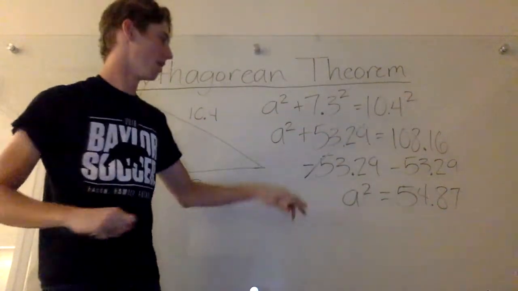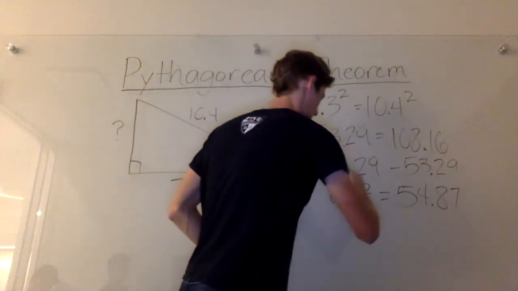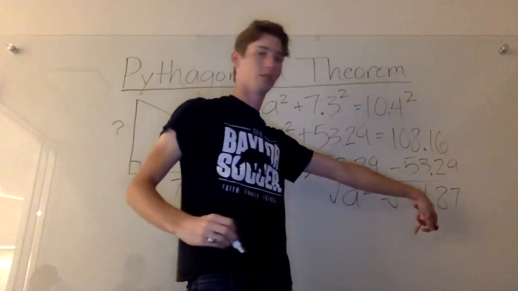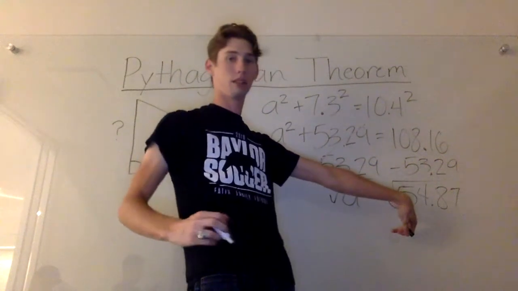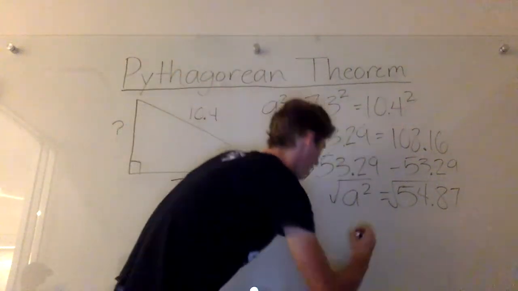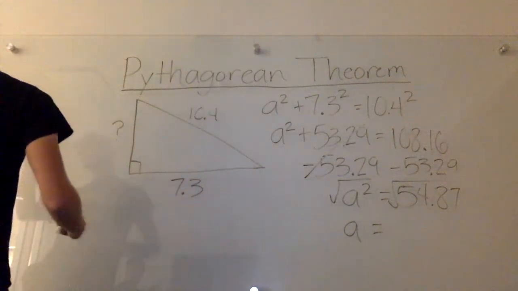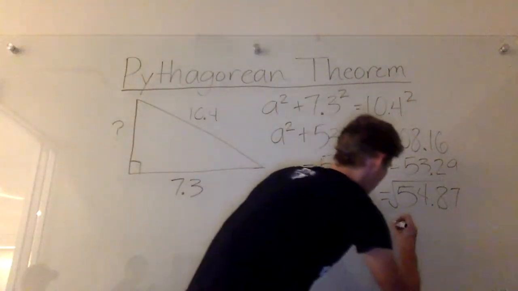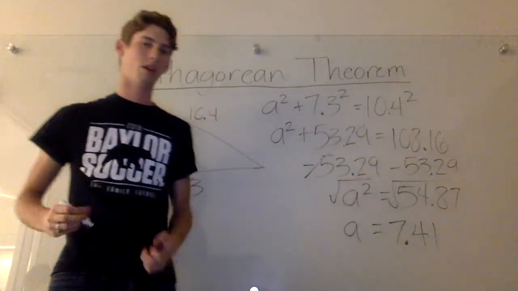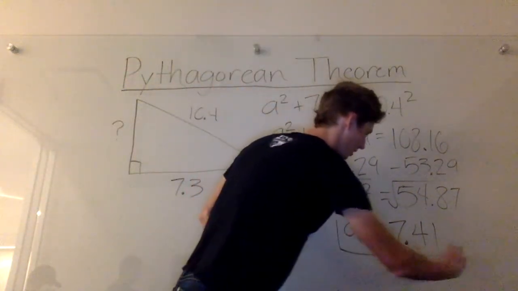And then the last step, to undo this square, we're going to take the square root. And if you do something on one side, you've got to do it to both. I know this looks ugly, but when we get that ugly number, we're going to round to the nearest hundredths place. So on the left side, we end up with a. And then on the right side, I got 7.41. And again, I'm rounding. It goes on a while. It probably goes on forever. But if we round, we get a nice 7.41.